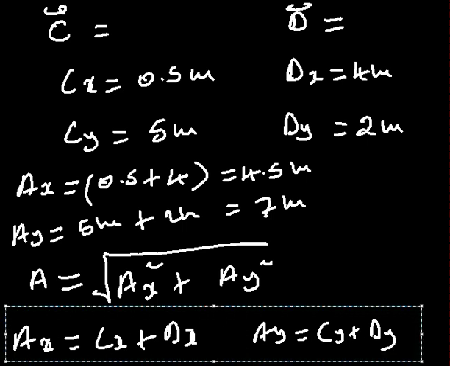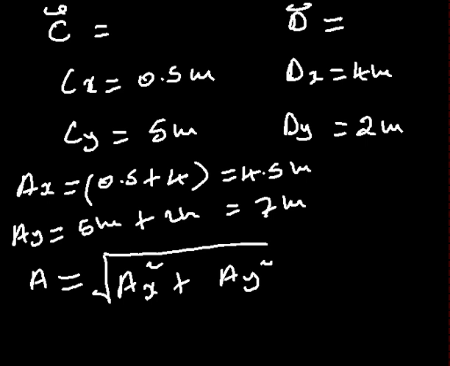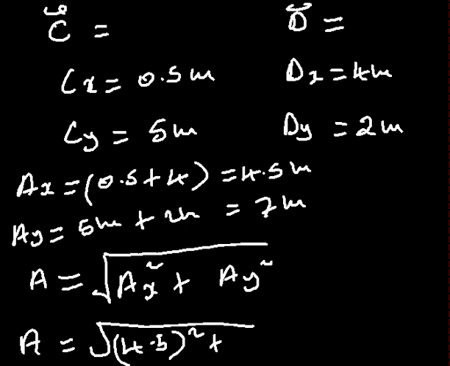Using Pythagoras theorem, the resultant, which is vector A, is given as 4.5 to the power 2 plus 7 to the power 2.